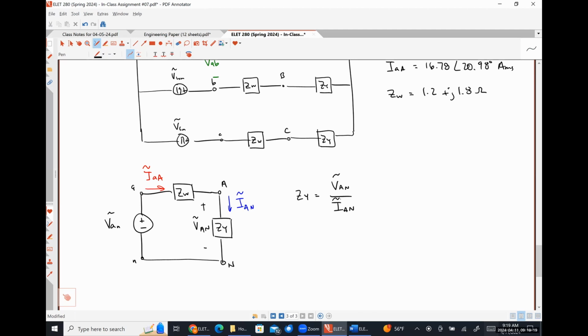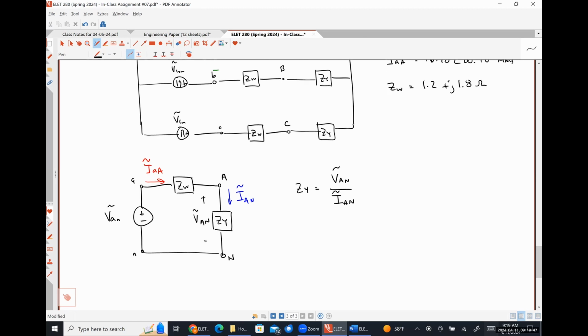Okay. So how are we going to solve for either VAN or IAN? Well, I think one of them is very easy. Casey, you want to help me out with the current? Nope, okay. That's all right, Nick. Yeah, absolutely. So for our single phase equivalent circuit, the impedance ZY looks to be in series with the impedance ZW. Since we were given the IAA, that's just IAN, right?